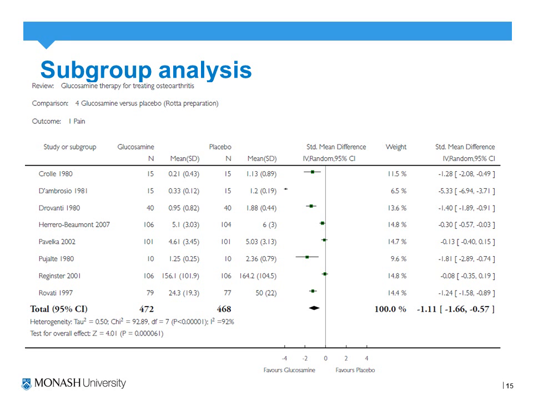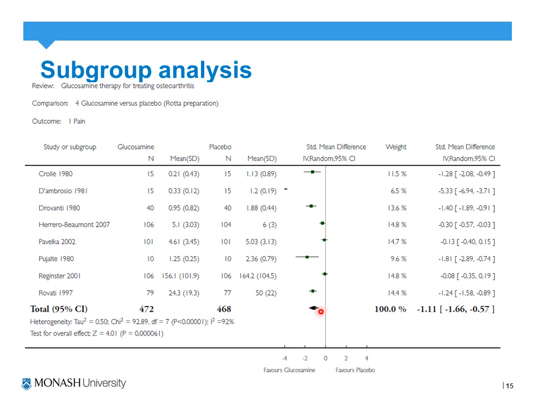Finally, subgroup analysis. So again, same sort of principles apply. We're using our glucosamine for treating osteoarthritis example here. In this particular subgroup analysis, we're looking at different types of preparation of glucosamine. So in this example, we're looking at a rotter preparation. We're measuring pain in terms of the outcome.